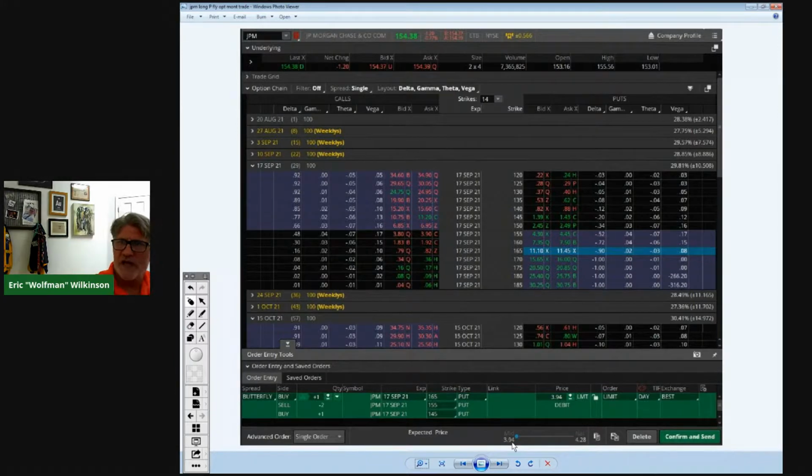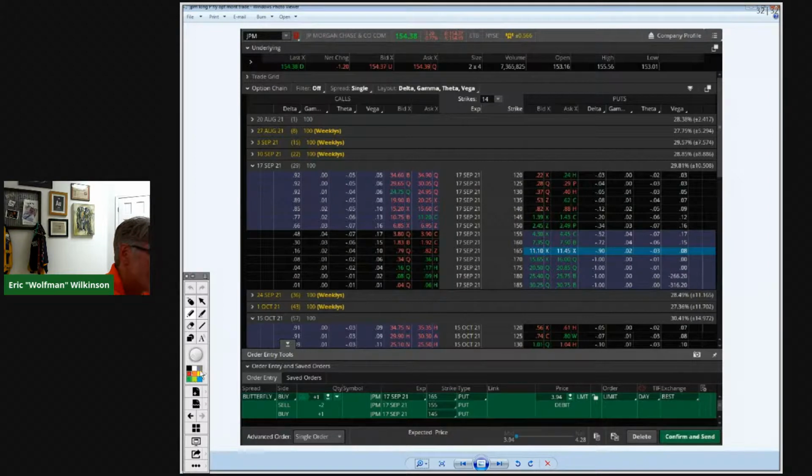All right, John David, I'm going to use this as my example because I think this is the one we were looking at. Let's look at the 155s. If I buy a 155 put, that gives me the right, but not the obligation, to sell my stock at that price.